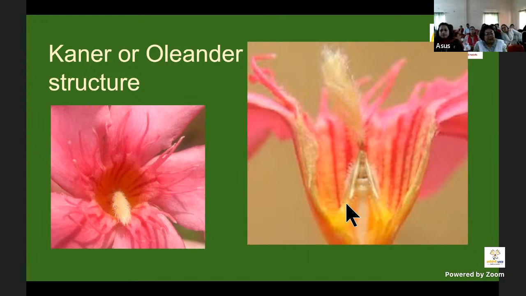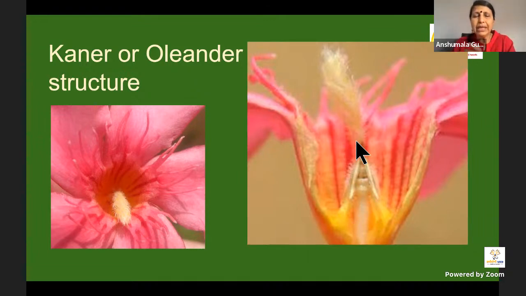The male tips have joined up together to make a brush-like structure, and the female is hidden below. That's why oleander or kaneer is a difficult flower to interpret.